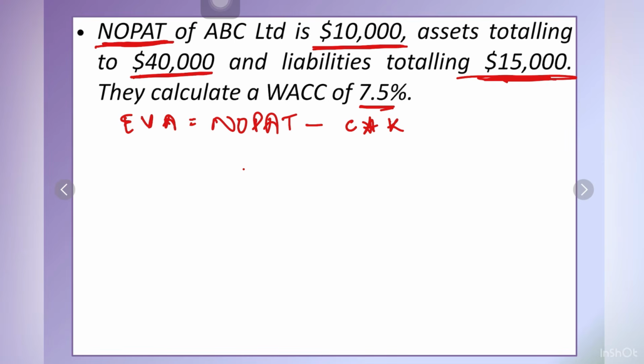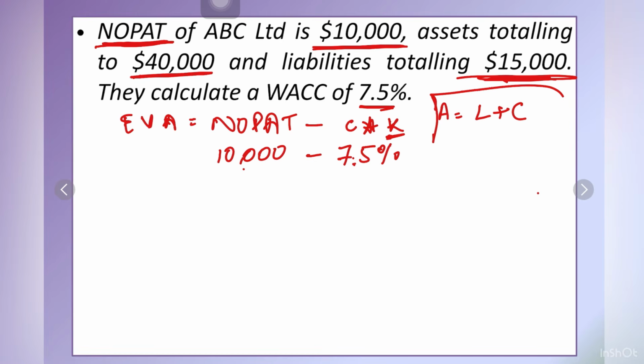So net operating profit after tax is given to us, that is $10,000, minus cost of capital is also given to us, that is 7.5%. But investment is not given to us. Capital employed is not given to us, right? How can we compute the capital? If you remember the accounting equation, assets is equal to liabilities plus capital.